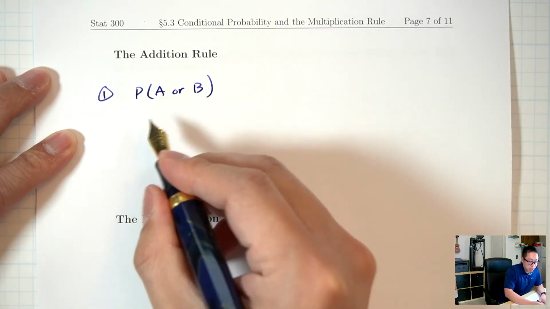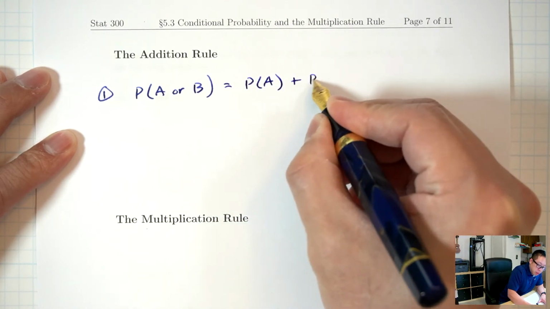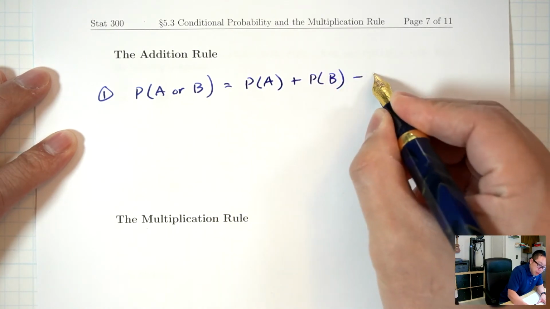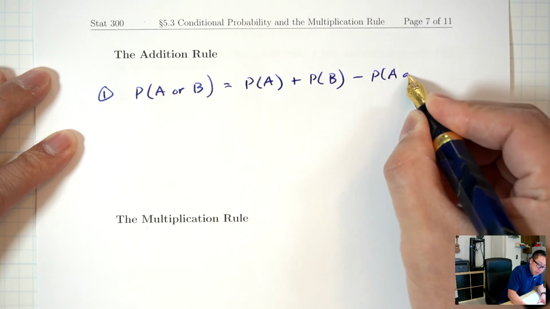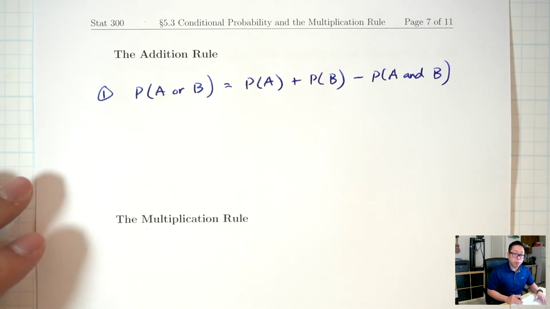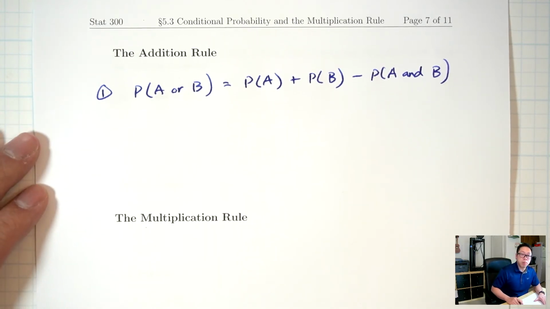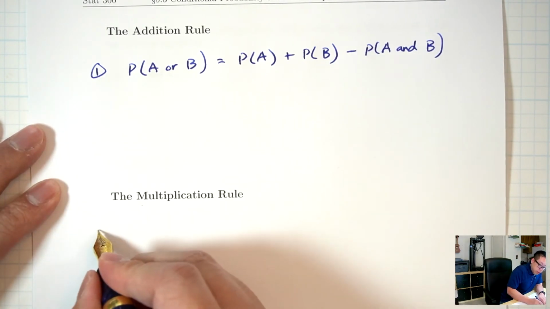And it says the probability of A or B is equal to probability of A plus probability of B minus the probability of A and B. This is a formula from the previous lecture. And then today, the new formula we talked about was the multiplication rule, and it's a formula for finding ANDs.